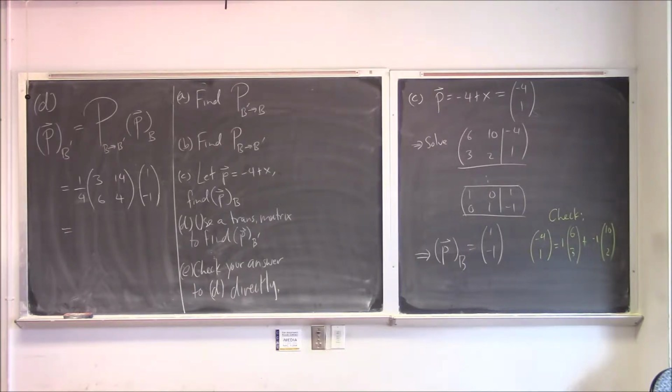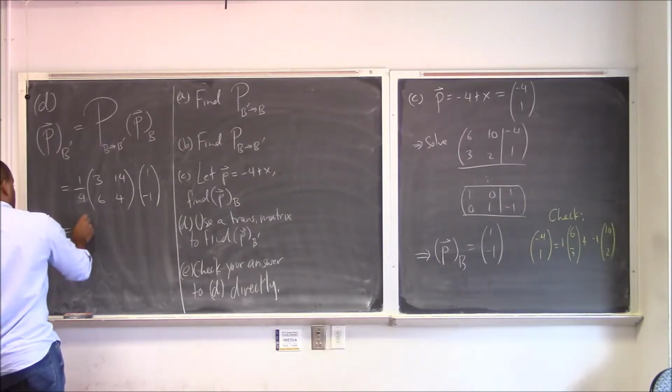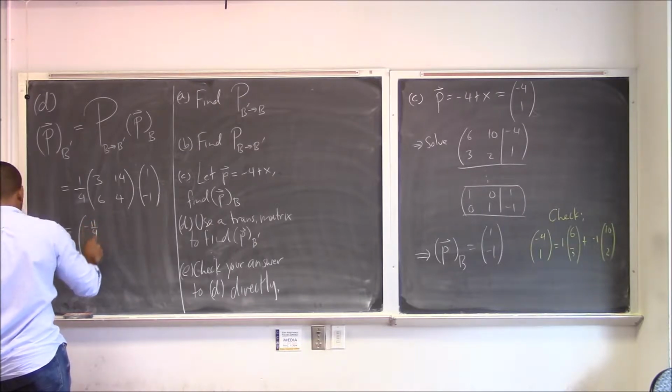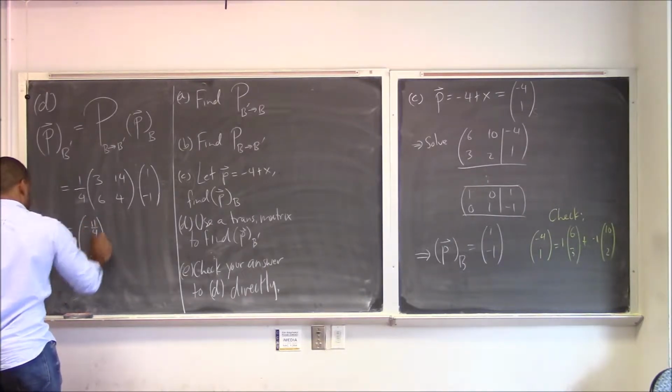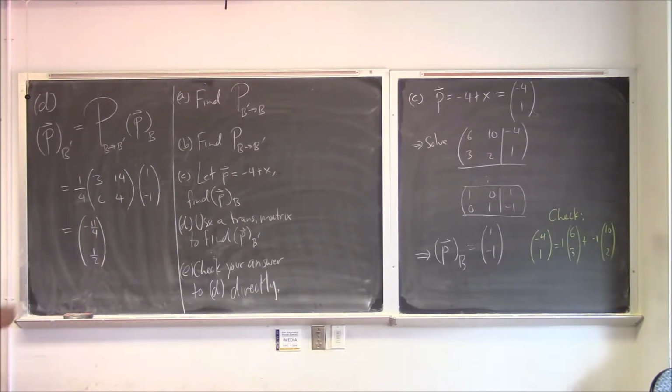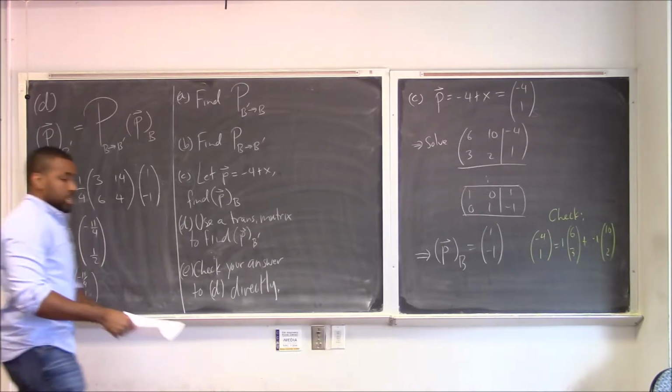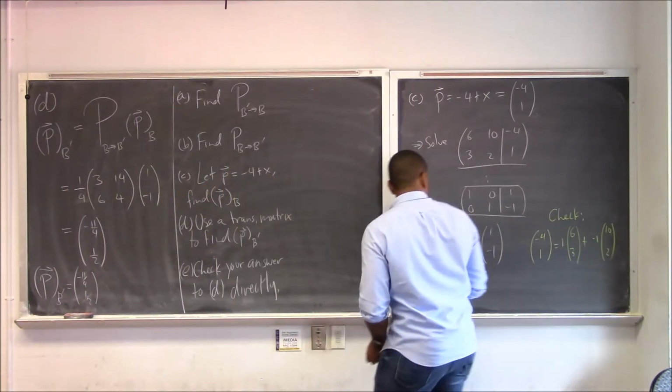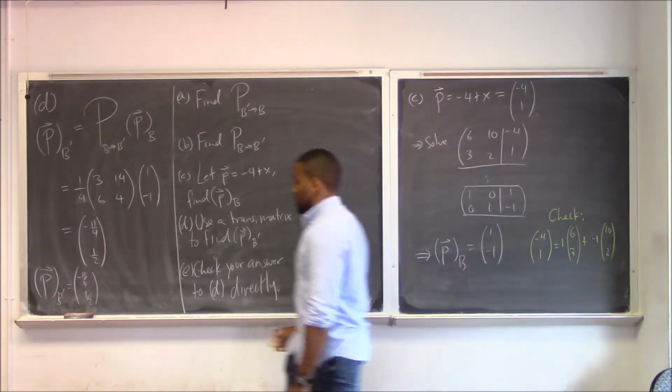And what we end up with is something with fractions, minus 11 over 4 and a half. So [p] of B prime is that vector. And the fractions might scare you, so all you have to do to convince yourself is to do that check.